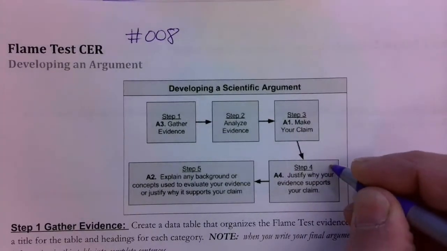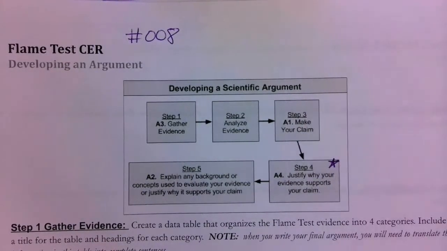Step 4 is huge, okay, because you're not just repeating your evidence, you're explaining why, that big piece of why and how it supports the evidence that backs up your claim.